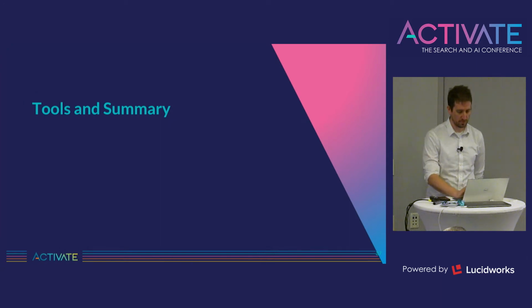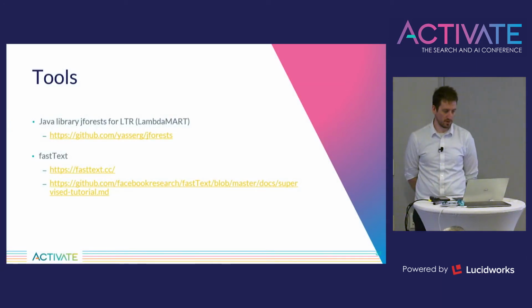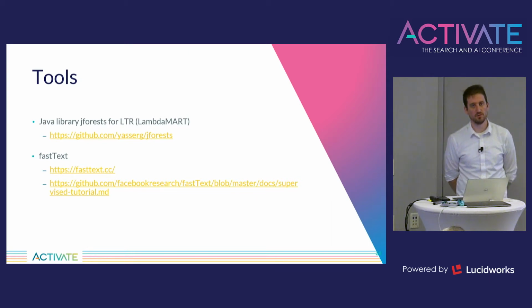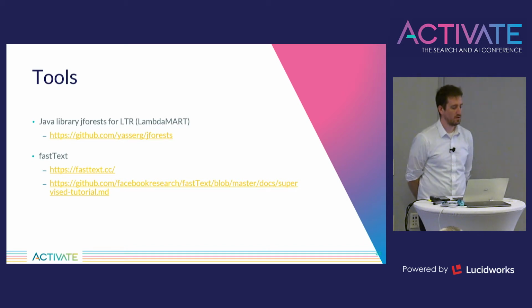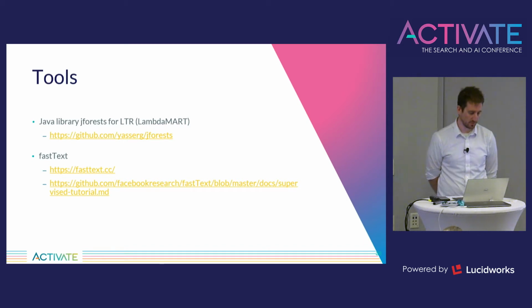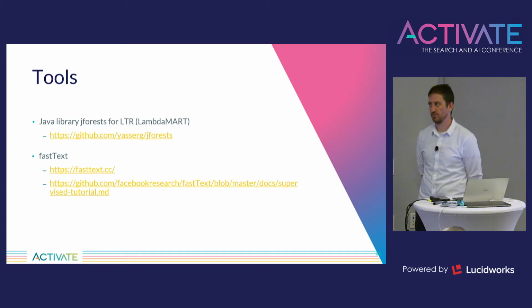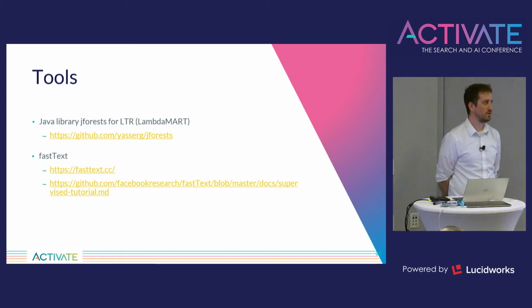The tools and summary that were used here. The learning to rank was handled by the Java library called JForce. It's up on GitHub, open source. It's an older library, but it implements LambdaMART, and it's very good and pretty easy to use.